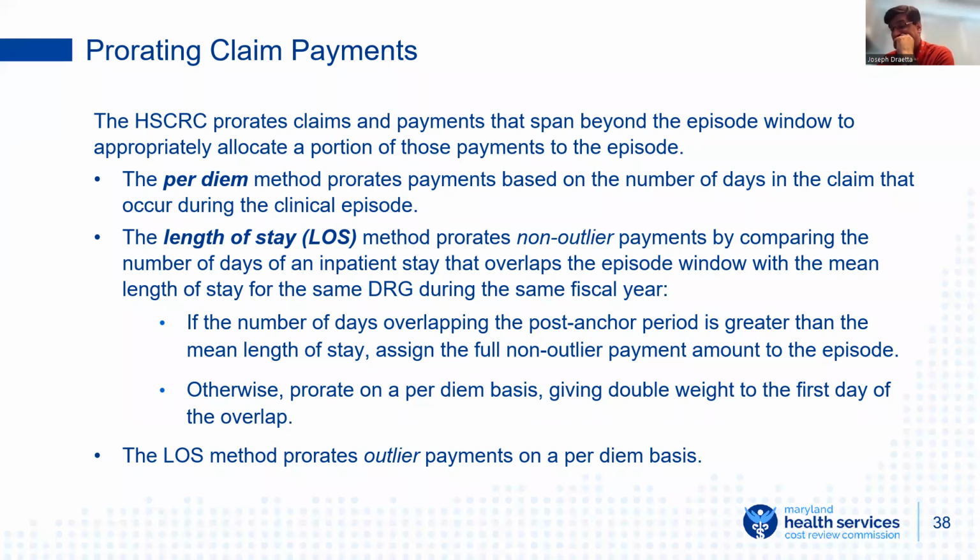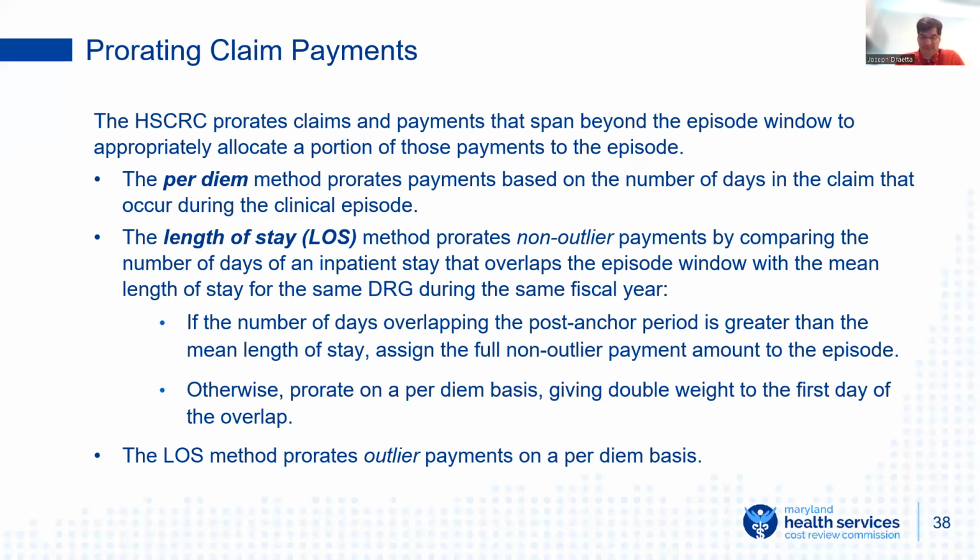And that happens in two different ways, depending on the claim type. Some claim types use a simple per diem method. SNF stays are a good example of that. If you have a 10-day SNF claim, 5 days are within the episode, 5 days are outside the episode. We'll only take the payments associated with the 5 days within the episode.